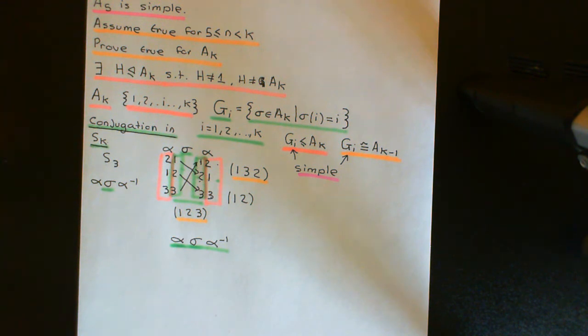And what you're doing to your middle element, the element that's being conjugated, sigma here, is you're just saying, okay, what would this be if we performed this relabeling to the domain and codomain, and that's your new element. And it doesn't really change it that much, because as I say, we're not changing the arrows, we're not changing the algebraic structure, we're just changing which symbols are actually being moved to which.